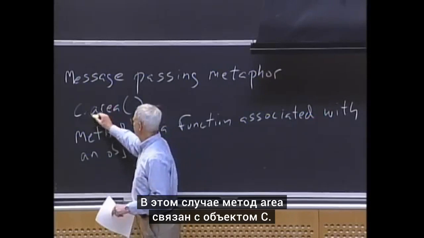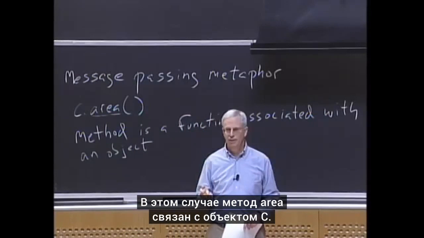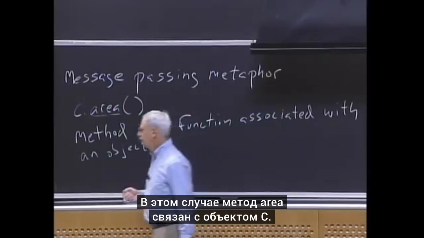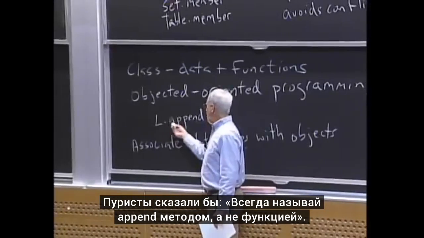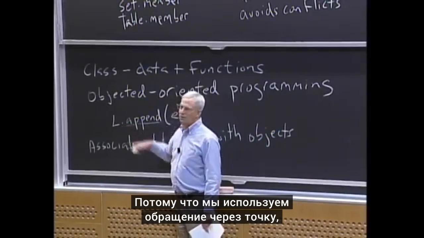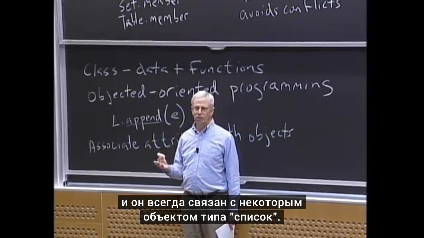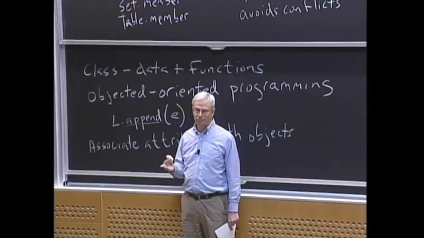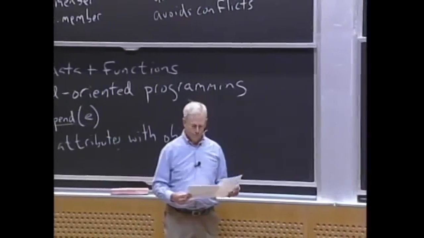So in this case, the method area is associated with the object C. And purists would say always refer to append as a method rather than a function, because we use the dot notation to get to it, and it's always associated with some object of type list. Okay?